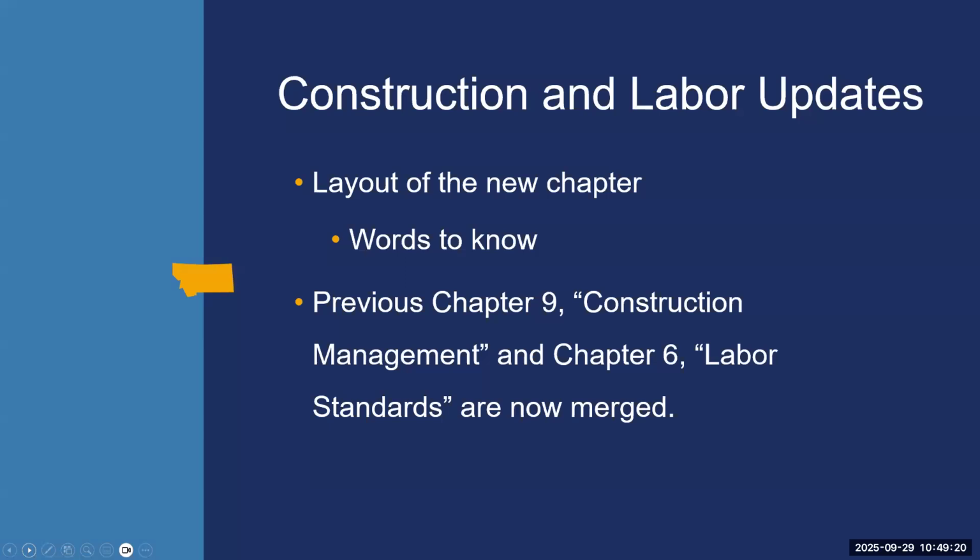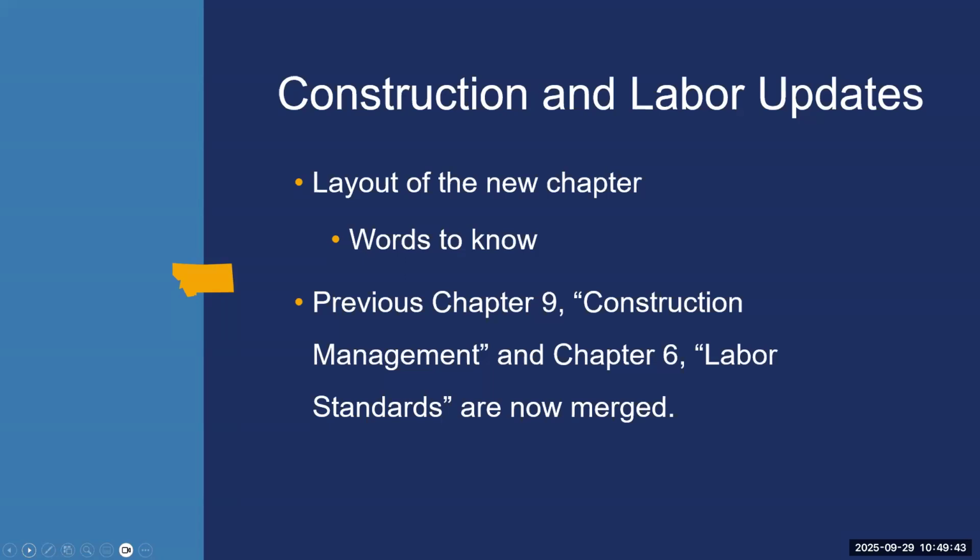In the previous grant administration manual, the construction management chapter 9 was separate from the labor standards chapter 6, as were all of the associated templates and forms. So another significant change with this manual is that we merged the labor standards chapter and the construction management chapter into one.